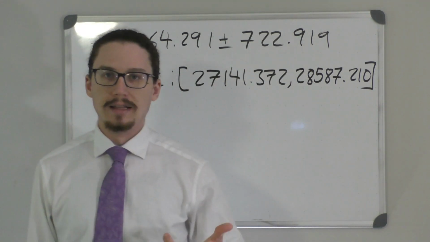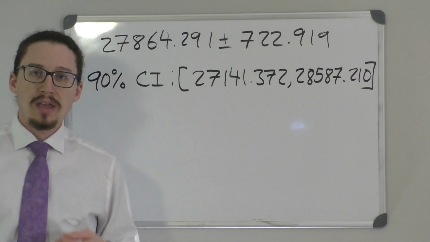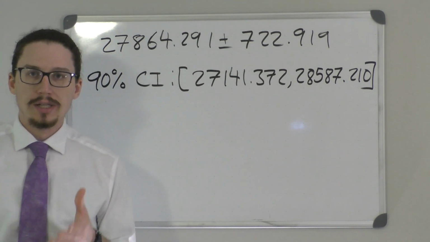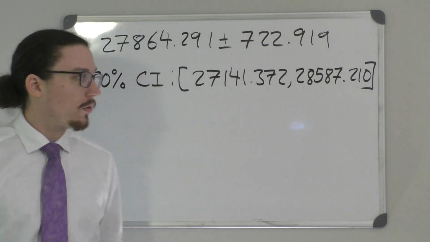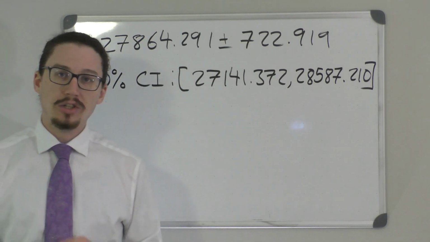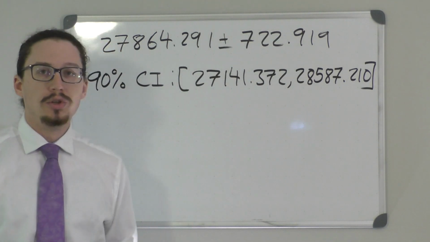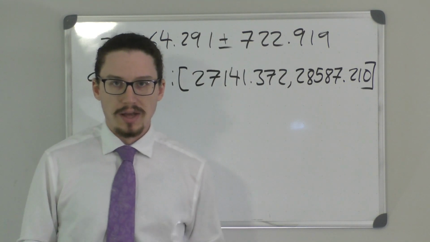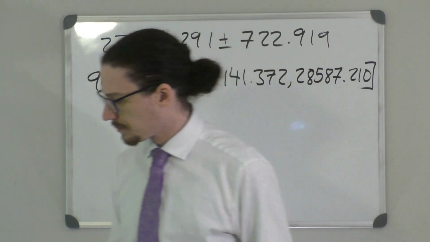For example, with this one, we're looking at daily website views. So we could say I am 90% confident that the population mean for daily website views is between 27,141.372 and 28,587.210. That is how we would interpret that confidence interval.